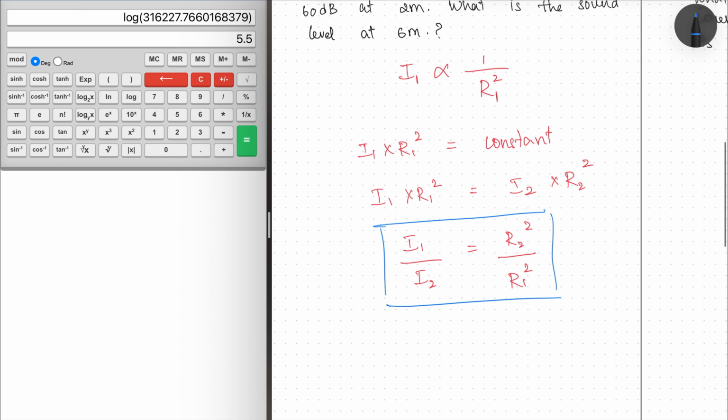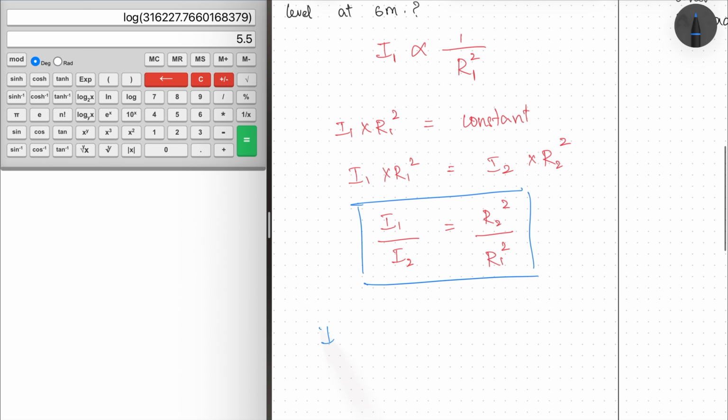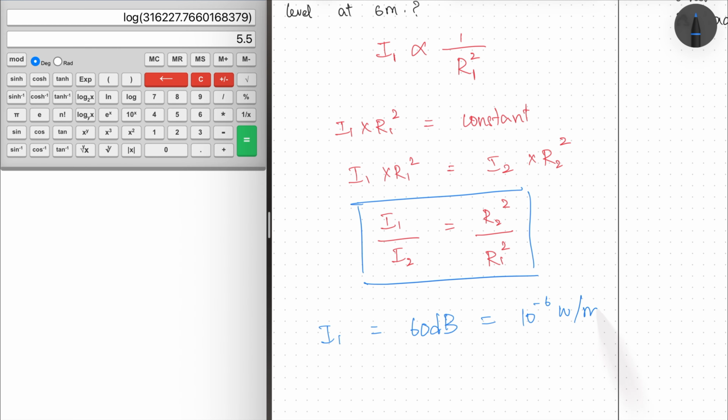Okay, so what is I1? We don't know I1. I mean, it has given us 60 dB, but you have to convert it into watts per square meter. So when you convert it, 60 by 10 gives you 6. So 6 you subtract by 12, you'll get 10 to the power minus 6 watts per square meter. And I2 we have to find out.